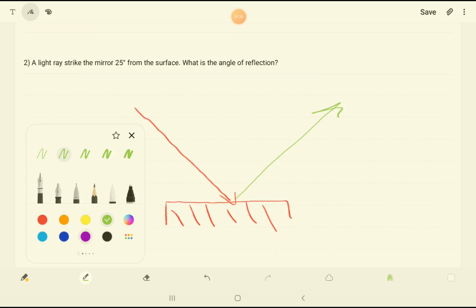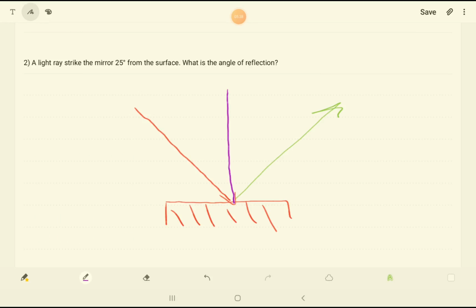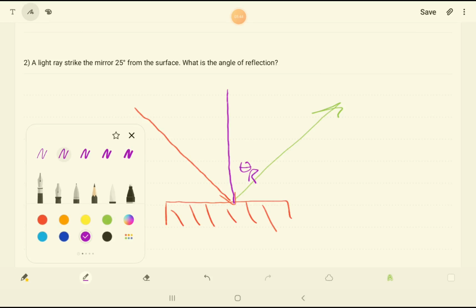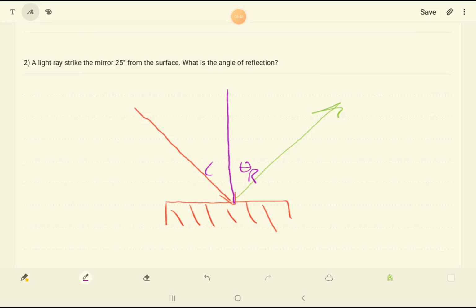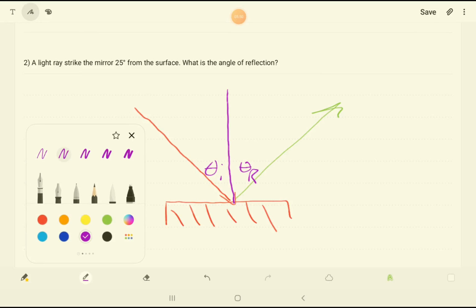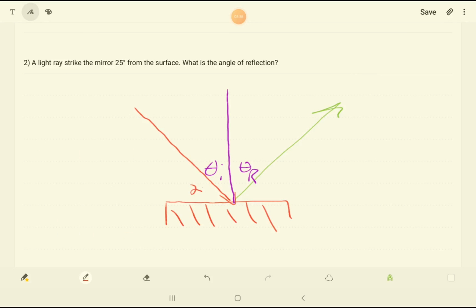We have the normal line, which is going to separate the incident ray and the reflected ray. Now here's what the question actually gives us. It says it's from the surface, which means that the 25-degree angle is actually here. It's not the incident ray angle.